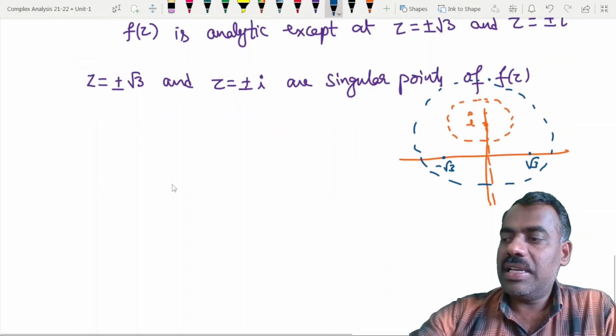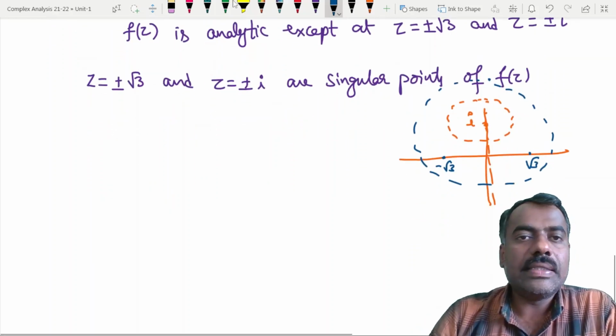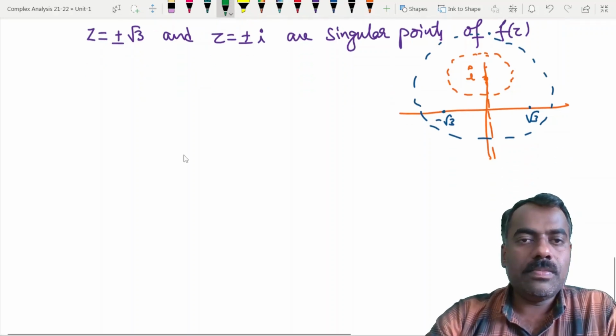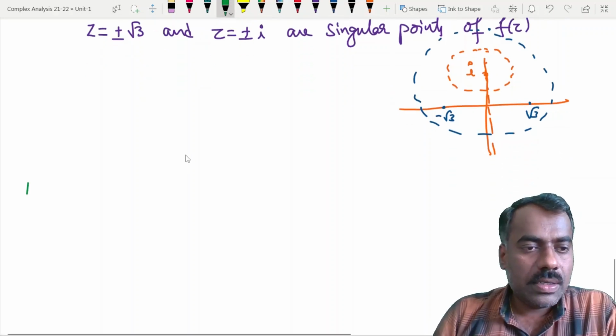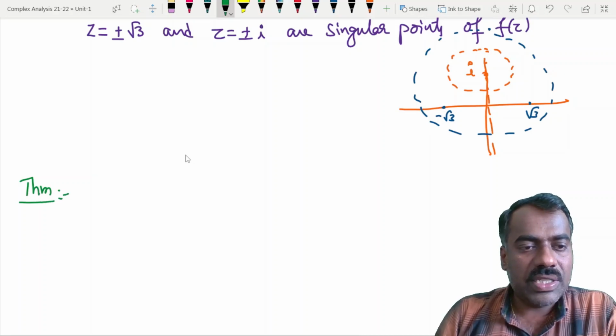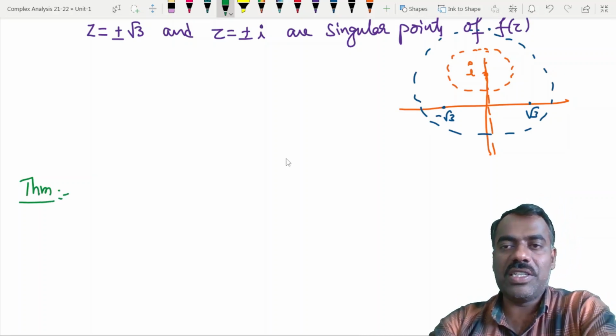Fine. Now let's see some properties of analytic functions, or you can also say under what conditions a function is constant.